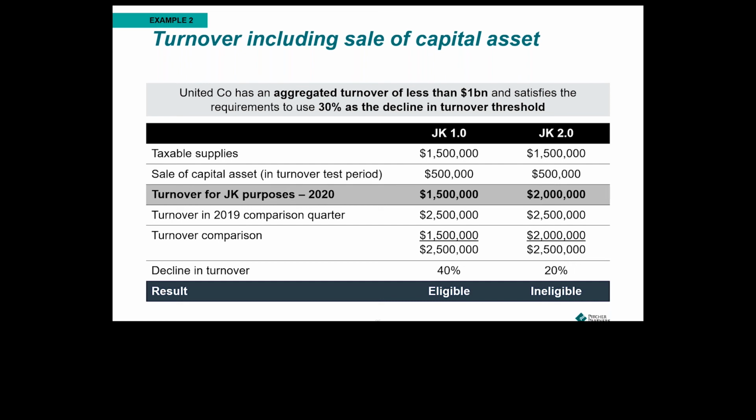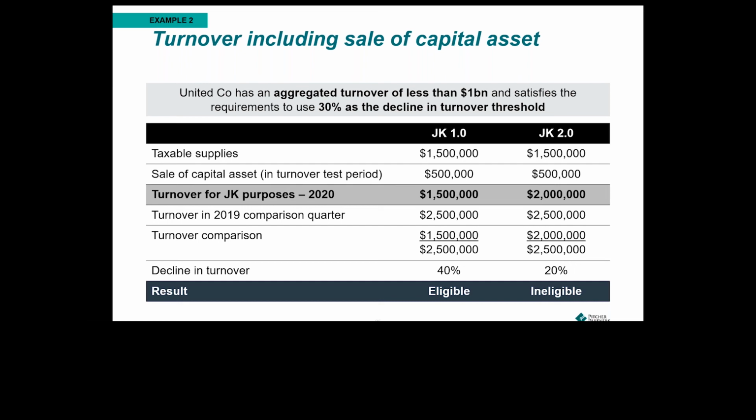Compare that to JobKeeper 2.0 and testing under the amended rules, which, as I said, is based on current GST turnover. That sale of the capital asset must be included as part of United Co's turnover for the quarter ended 30 September 2020. So it will now have total turnover for that period of $2 million as opposed to $1.5 million.